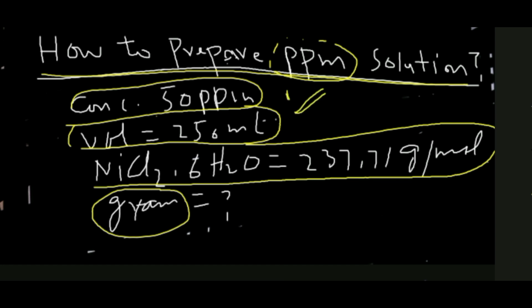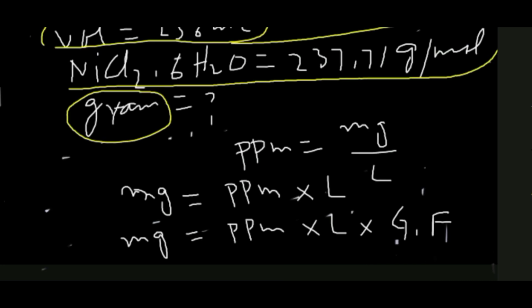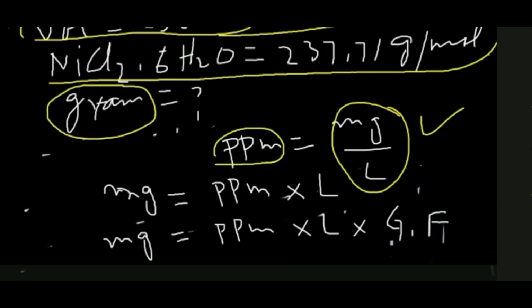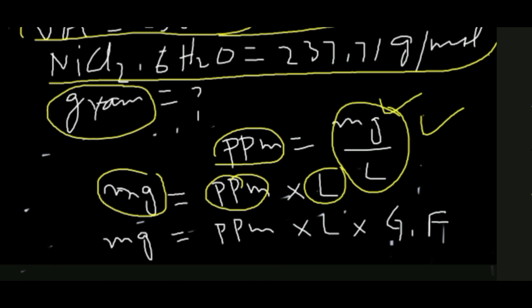Now we know that ppm is equal to milligram per liter. So from this formula, milligram is equal to ppm multiplied by liter.